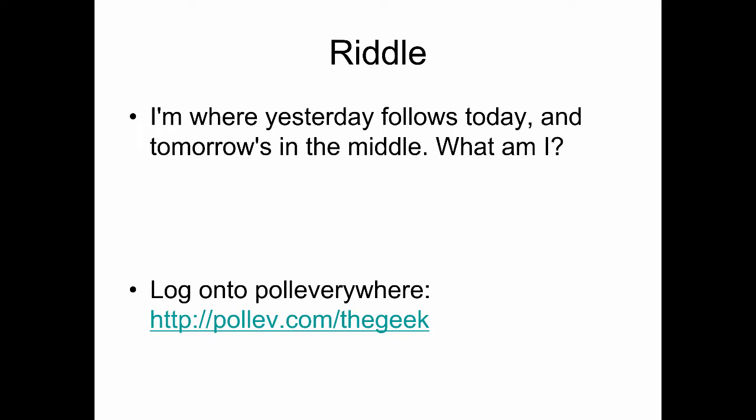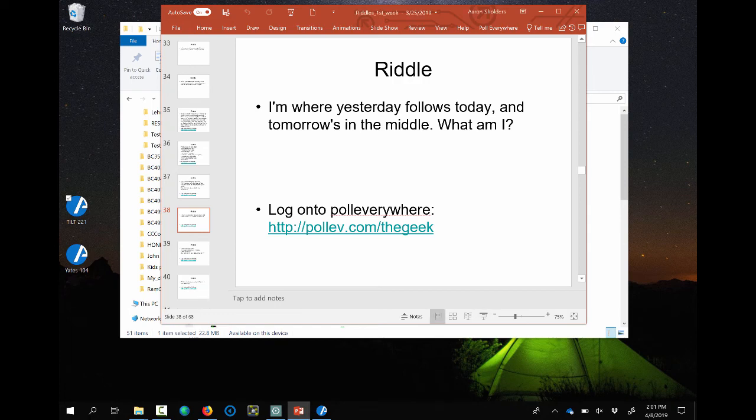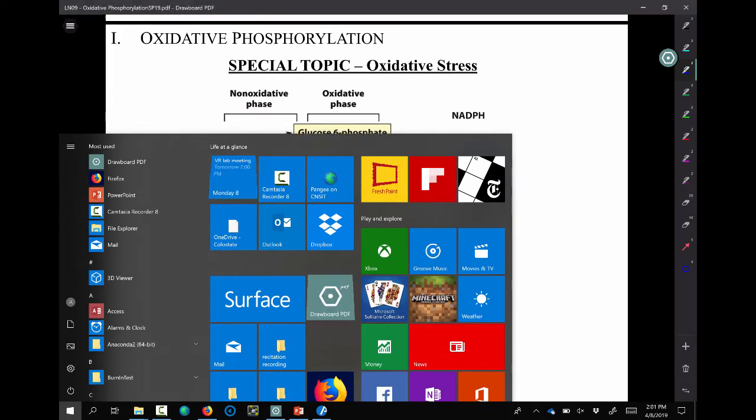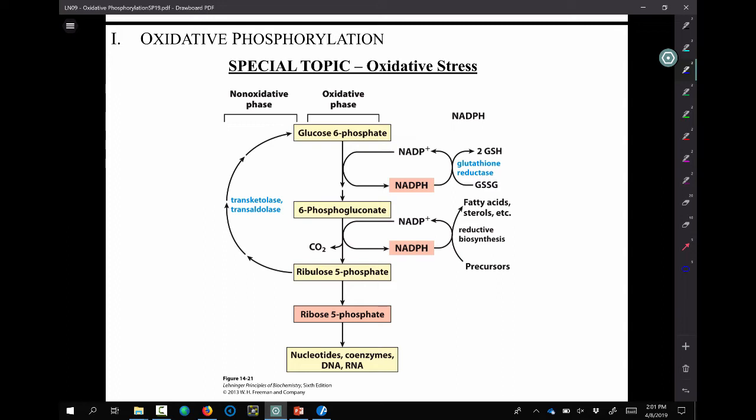Yesterday follows today, and tomorrow's in the middle, in a dictionary, if you look them up. Some of you are starting to get it. Some of you are saying it's too nice to be outside, and instead you're in here listening to my stupid riddles. Okay, anyway, you don't have to get mad at me, okay?